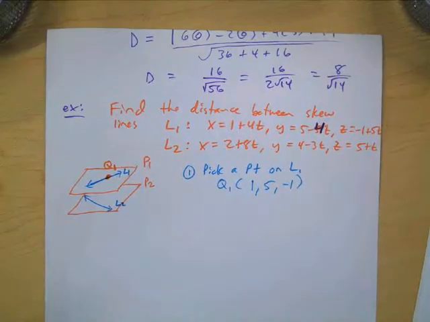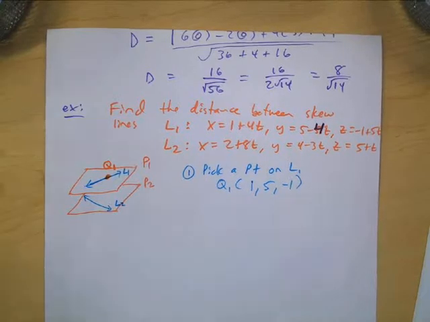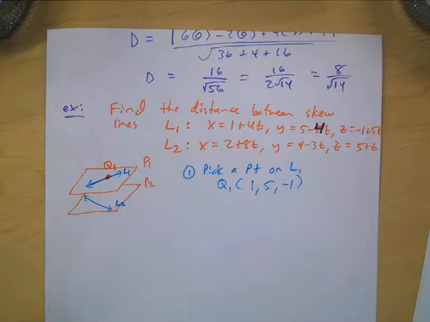So now I have a point, right? Now I need a plane. Maybe take L2 that has a slope to it. If you use that slope and that point Q1, you can make a line, like point-slope or whatever. It'll be parallel to L2. So take the slope.